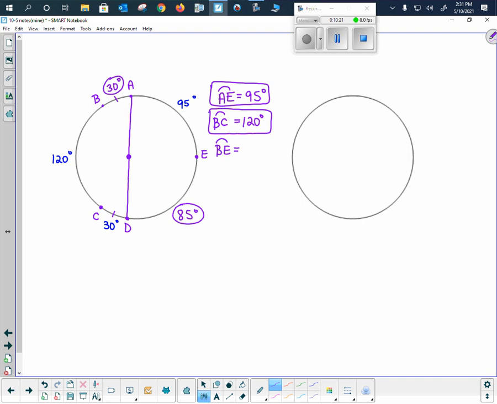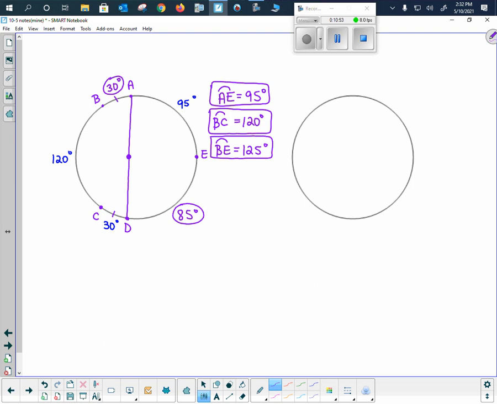Again, it's 2 letters, which means go from B to E the shortest distance. So you should be going from B to the right through A, because 30 plus 95 is smaller than 120 plus 30 plus 85. So 95 and 30 is going to give us 125 degrees.